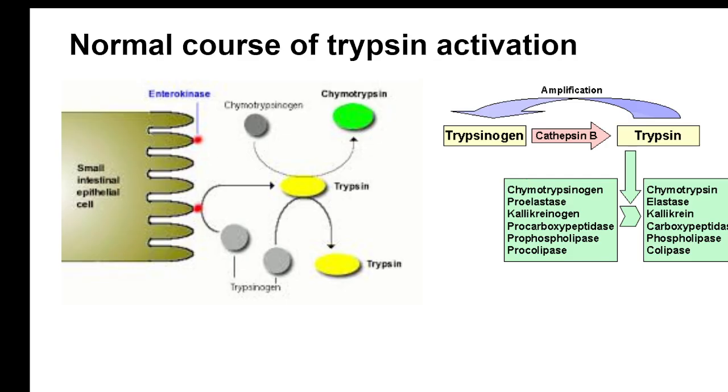Then of course the fluid collection in the pancreas is due to trypsinogen, which I referred to in the beginning when we discussed the physiology. Trypsinogen is normally present in the pancreatic cells, and when it reaches the intestines, it gets activated into trypsin by many factors.